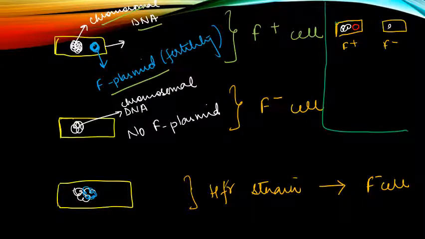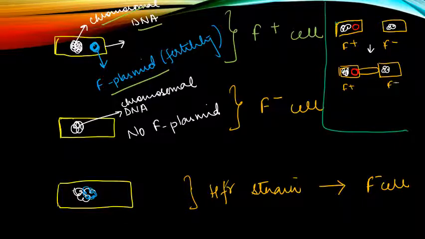Now, as the F plasmid or fertility plasmid is present, this bacterium will develop a sex pili. Like this, the sex pili will join the F negative cell.